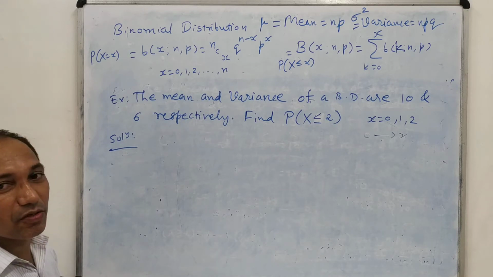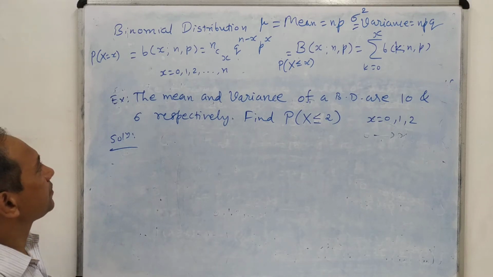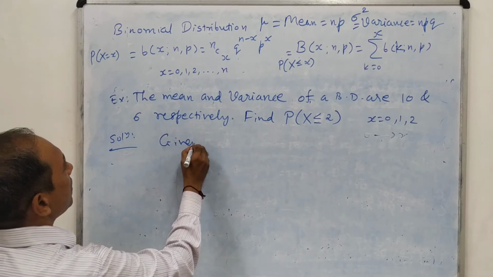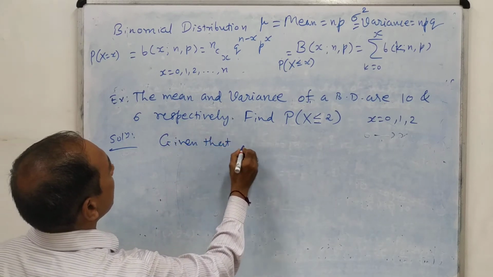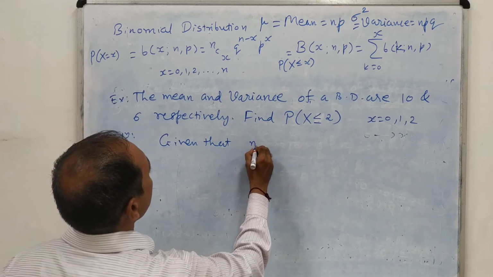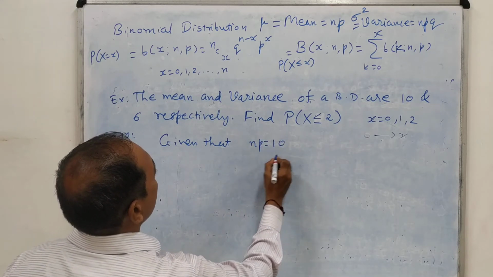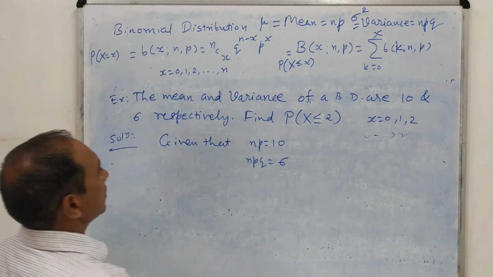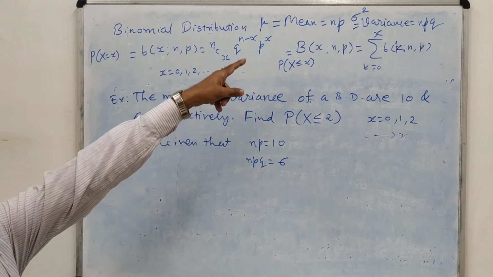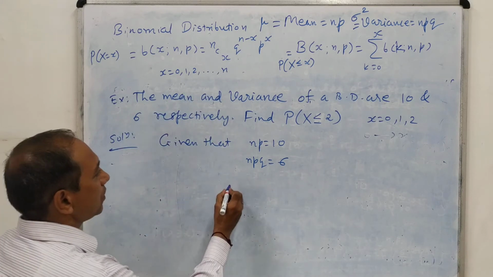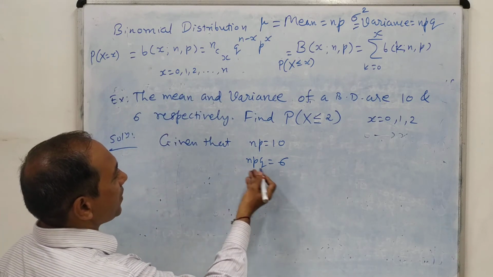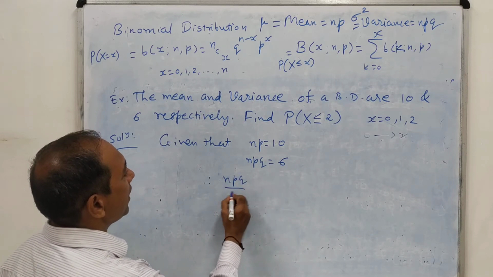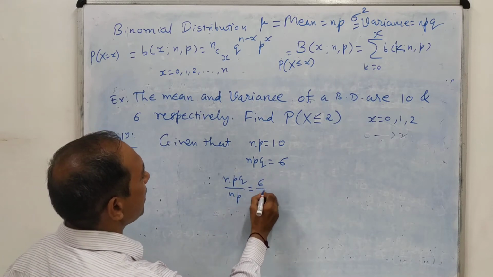We are given that the mean is 10 and the variance is 6. Variance is npq, as I have noted above. So we divide npq by np, that means this is 6 by 10.